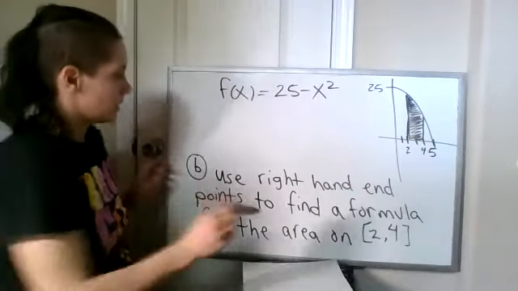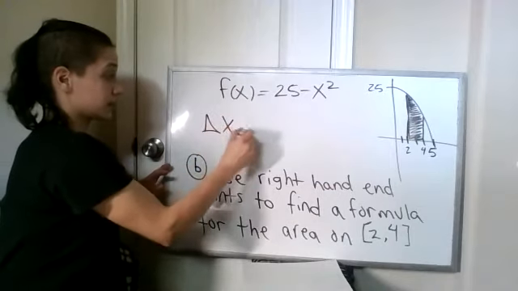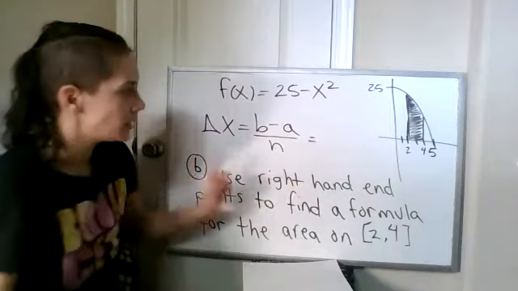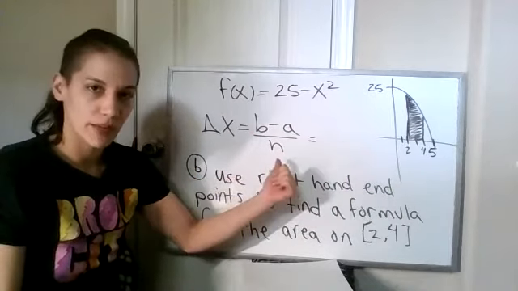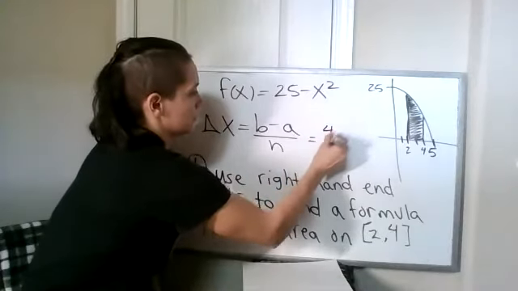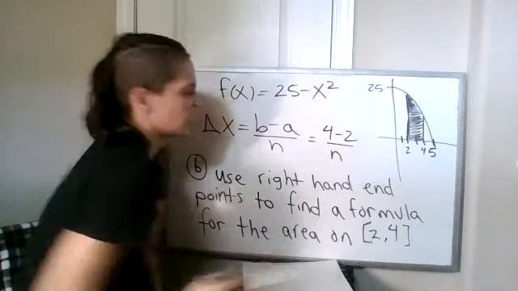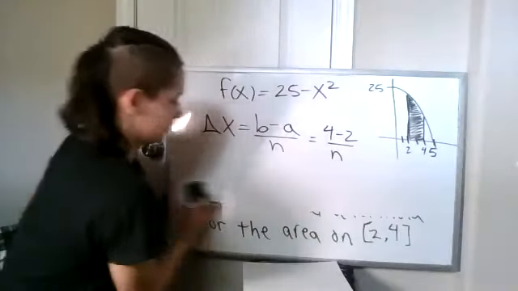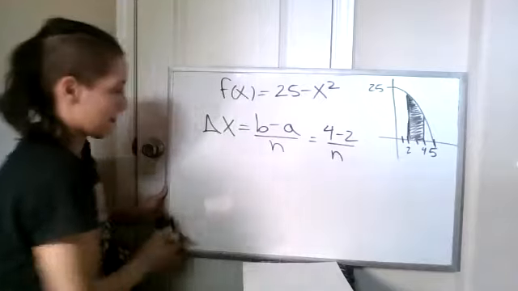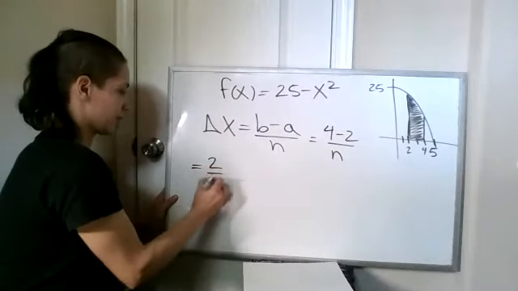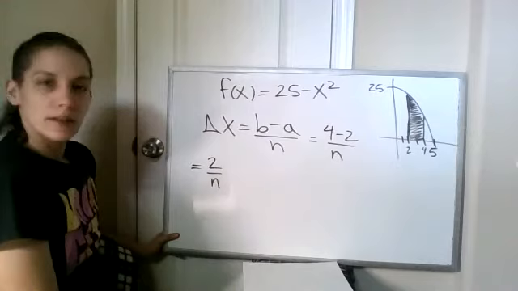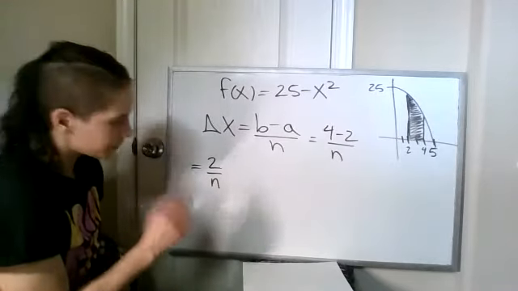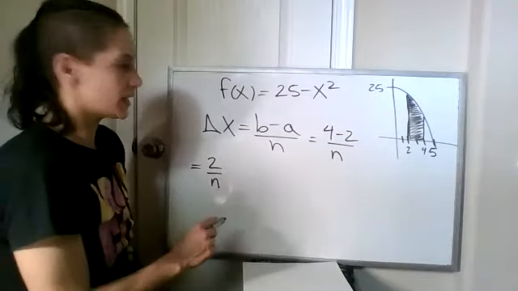Let's get delta x. This time, take 4, subtract 2, divide by n. So 2 over n. And we want to talk about the x sub i stars, and you're using them as right-hand endpoints.